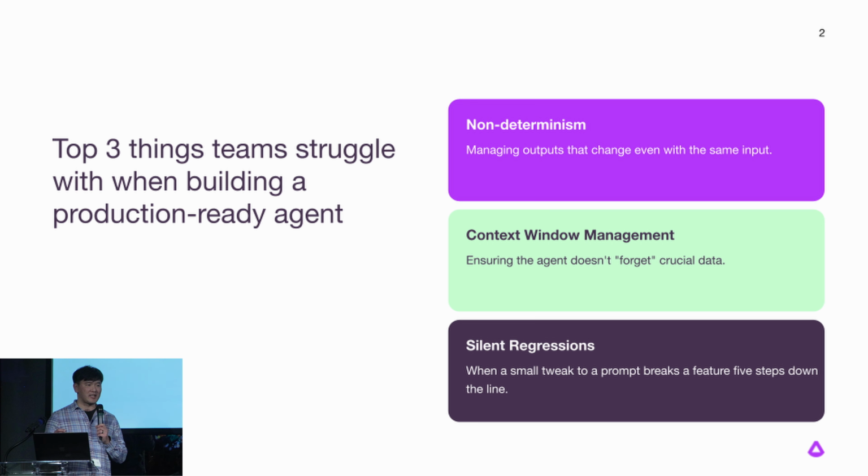So at Author, after spending a lot of time building agents with our customers, we developed this thing called the Agent Development Lifecycle, or ADLC. It's like the SDLC, same concept, but really tailored to agent development.